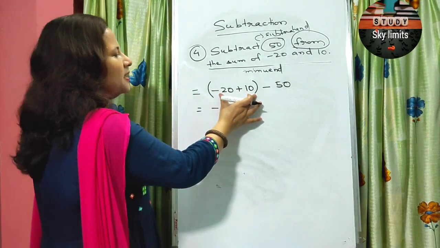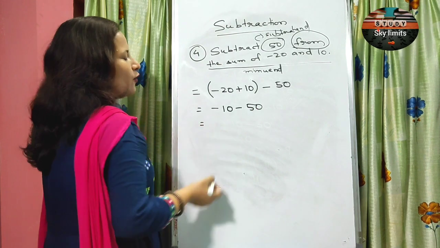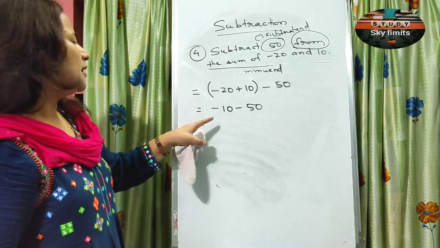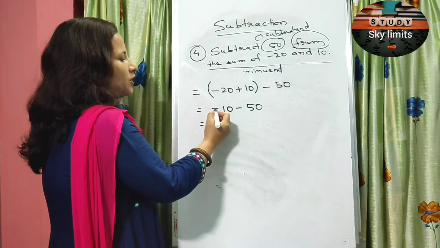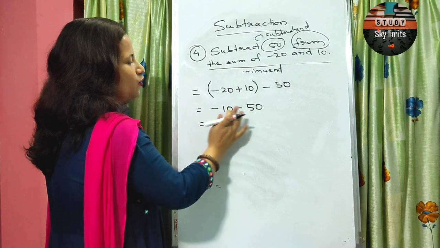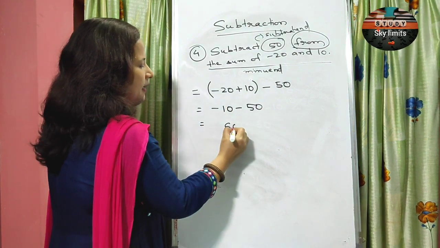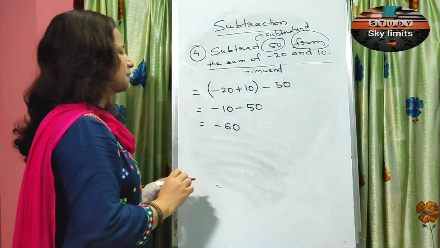So we have already solved this part. Let us come to the next part, minus 50. And the next step, what are you going to do? See the signs, check the sign. In the integer, the sign decides what you have to do. Both are carrying minus sign. That means you are going to add them and give a minus sign to the answer.